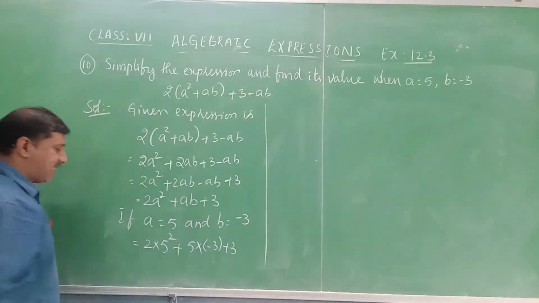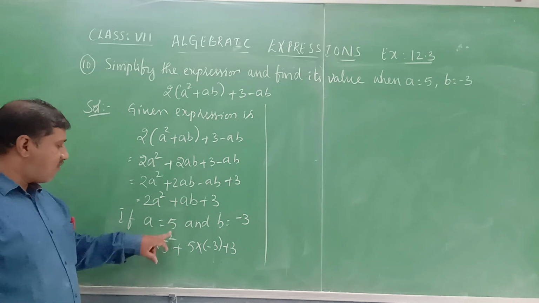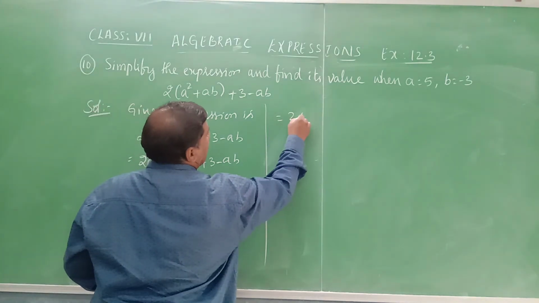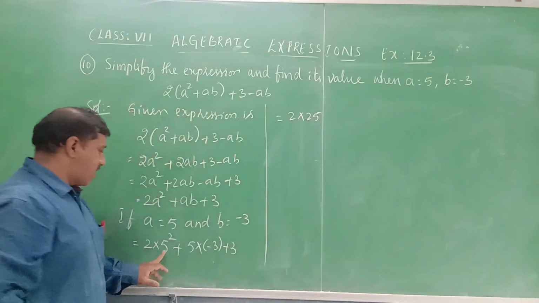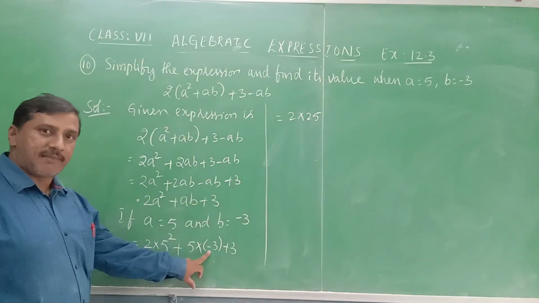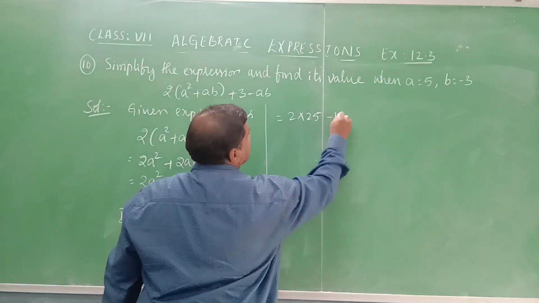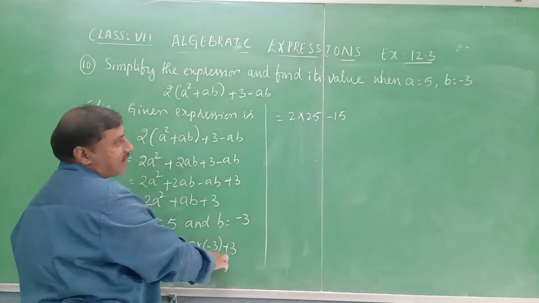Now simplify this. 2 into 5 square. 5 square means 5 into 5, it is 25. That is 2 into 25. Now plus into minus. Minus 5 into 3, 5 3s are 15. Minus 15 and plus 3.